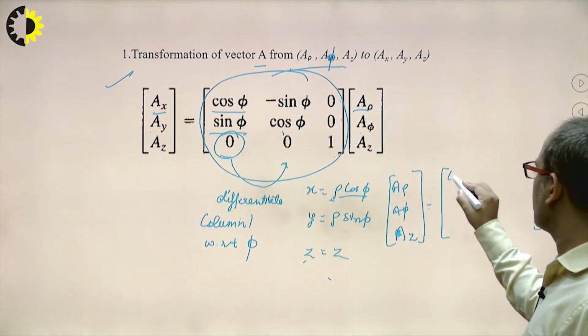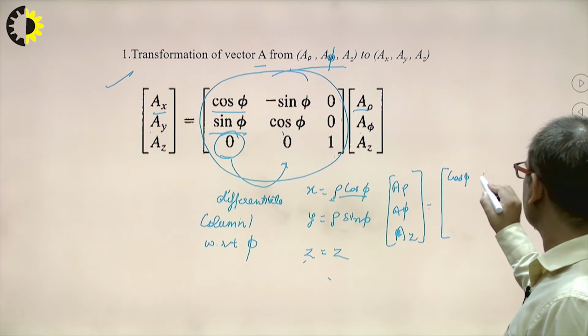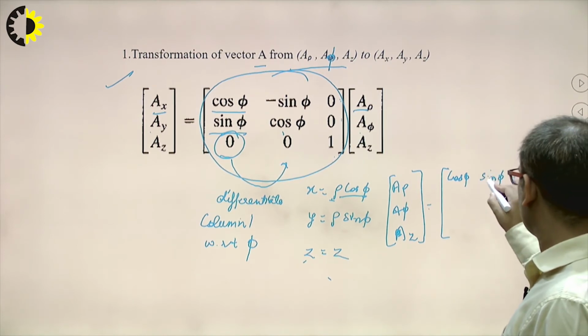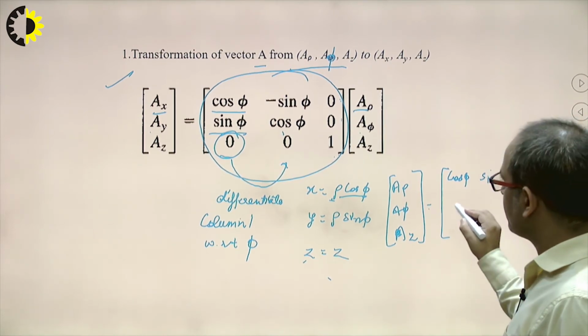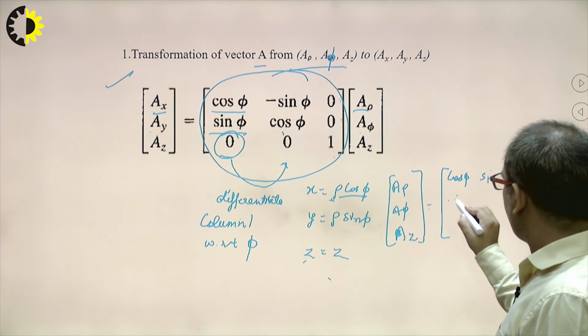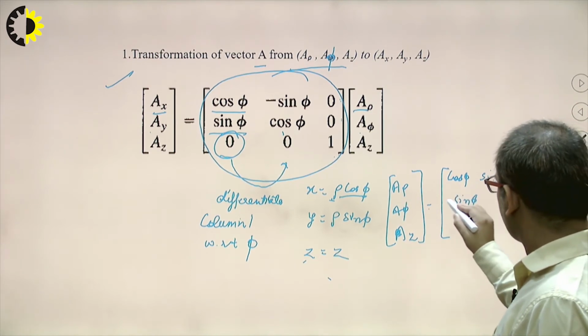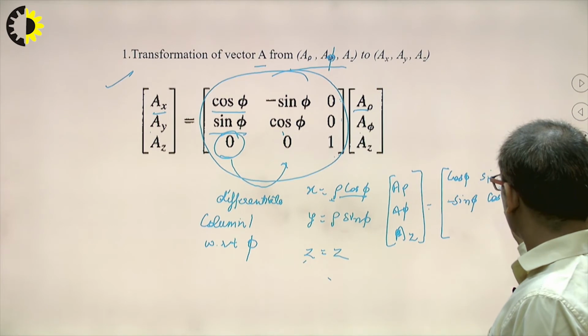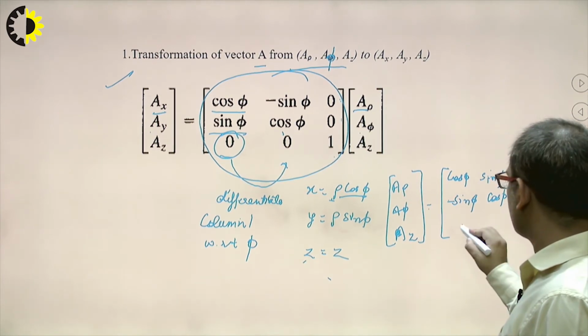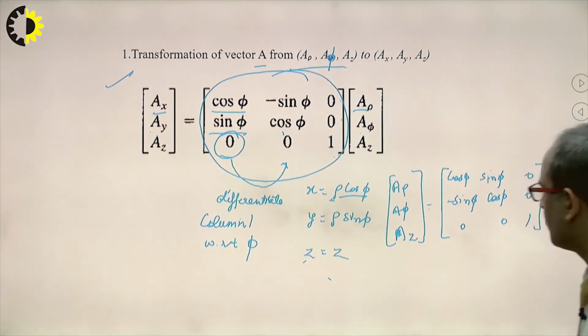You will get cos phi, sin phi, 0; minus sin phi, cos phi, 0; 0, 0, 1.